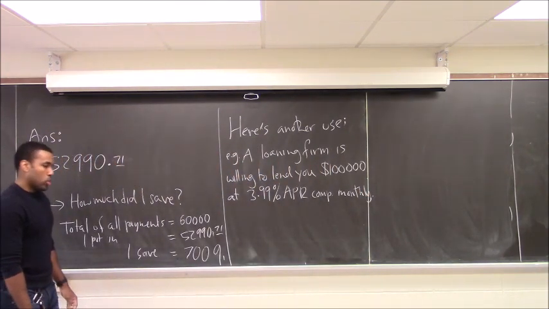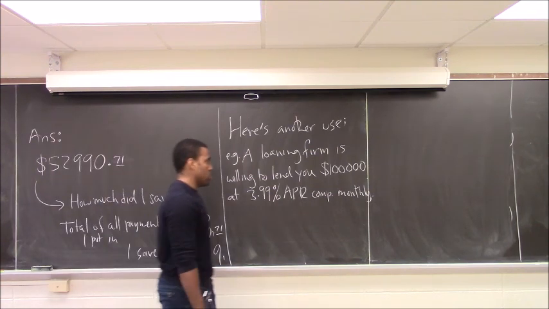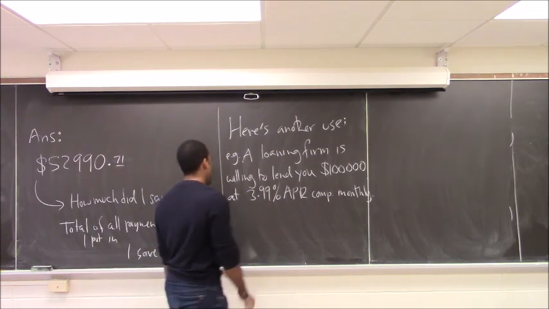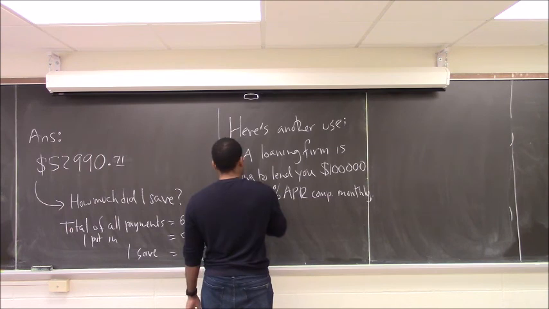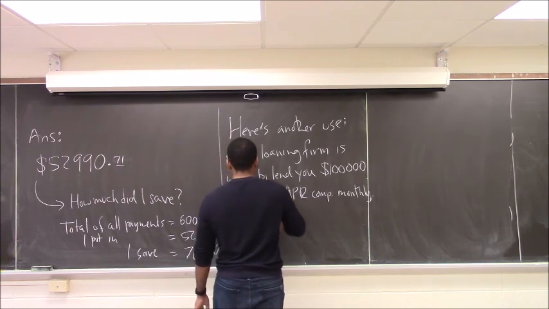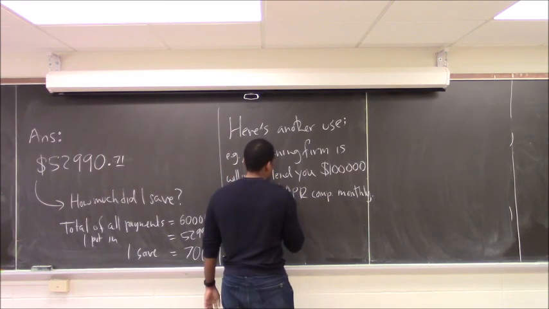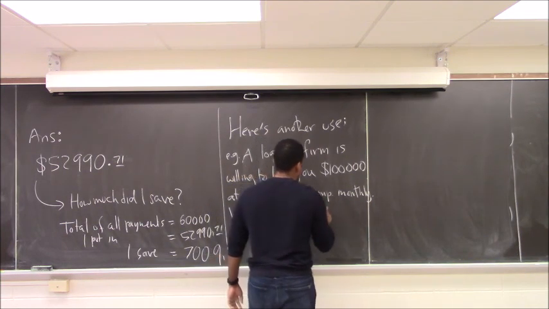So you go try to get a $100,000 loan. That's how they're charging you. What would your payments be?